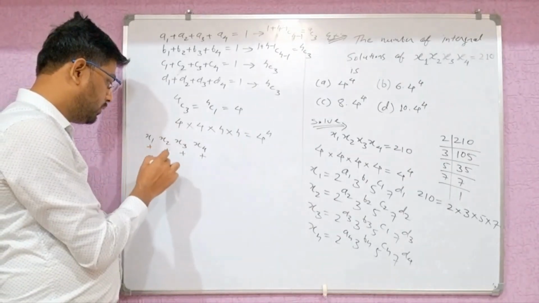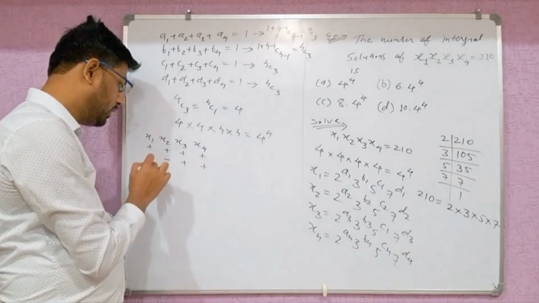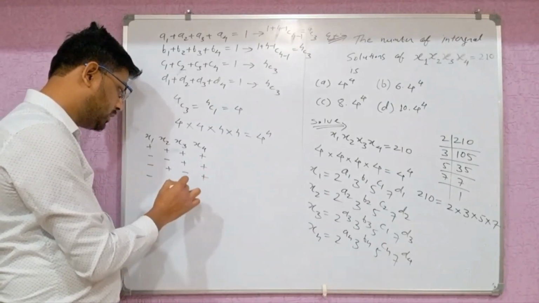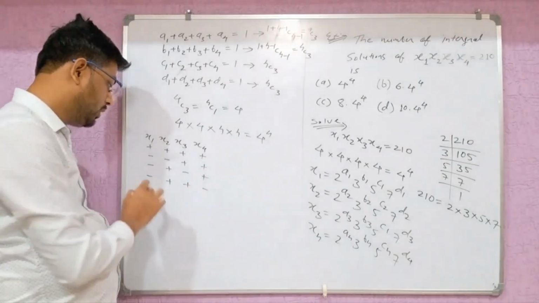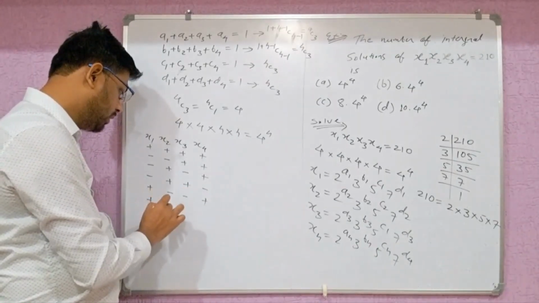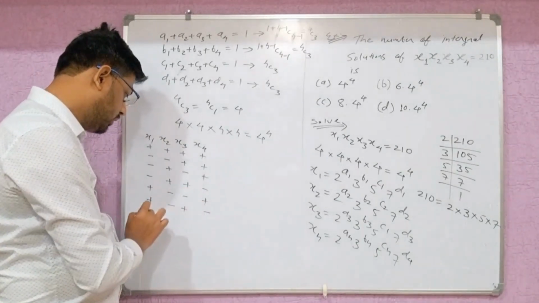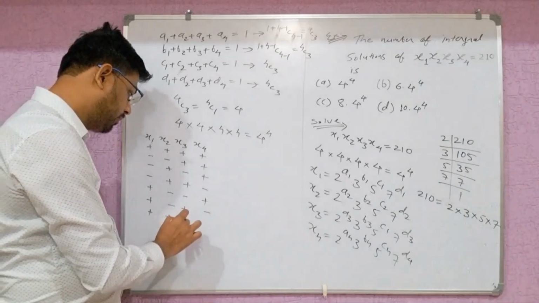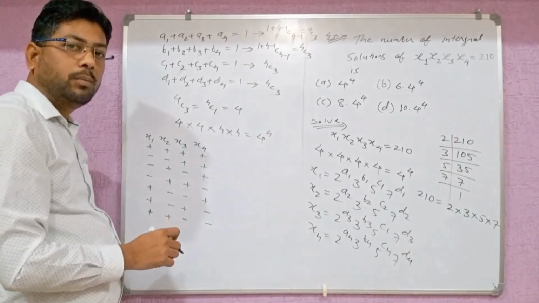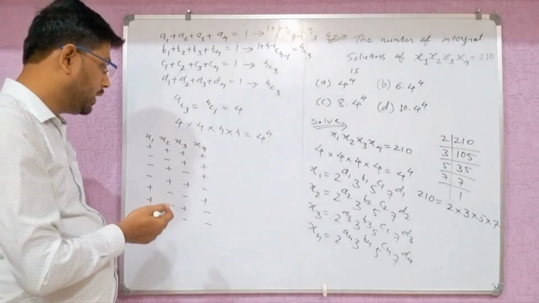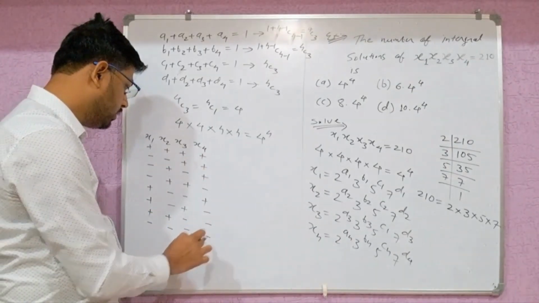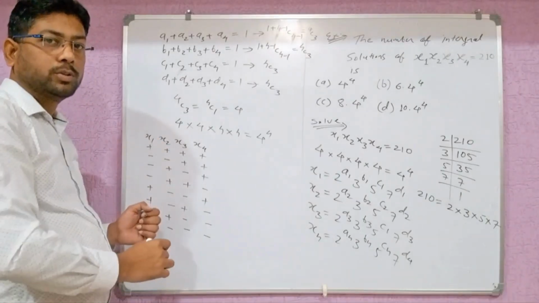So first 2 I am taking negative, then first and third negative, then first and fourth negative, then second and third negative, then second and fourth negative, and then last 2 negative. These are all possible combinations when 2 numbers are negative. Or all 4 can be negative. So these are all possible cases.